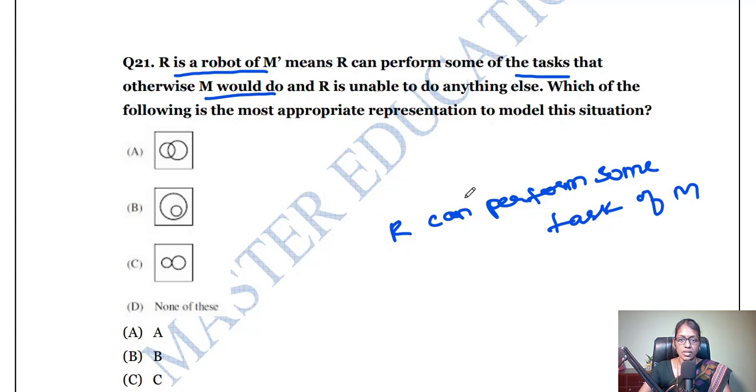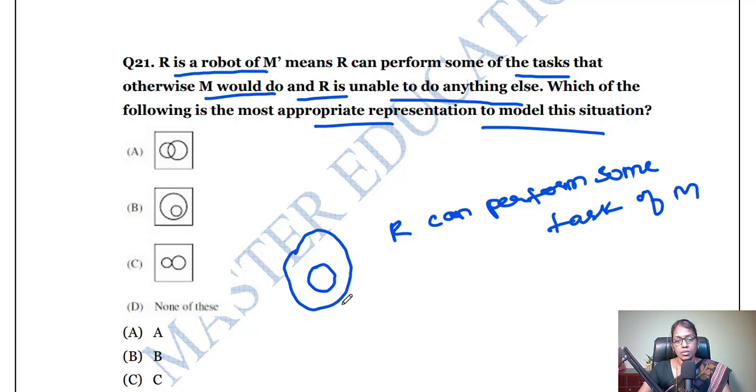Then you think that R is the subcategory of M. M is higher than R. R can do some of the work, but for some situations M can do more than R. This part R is unable to do.